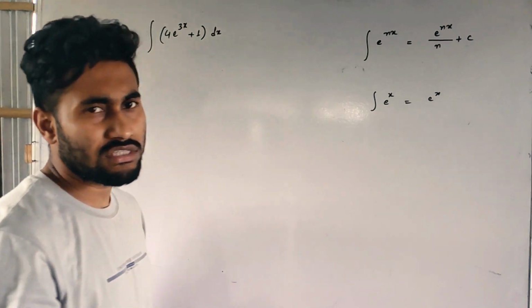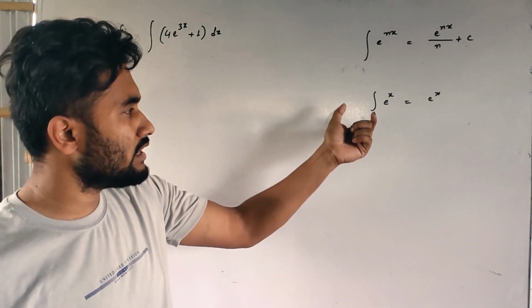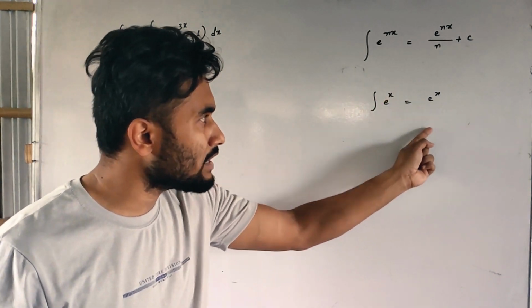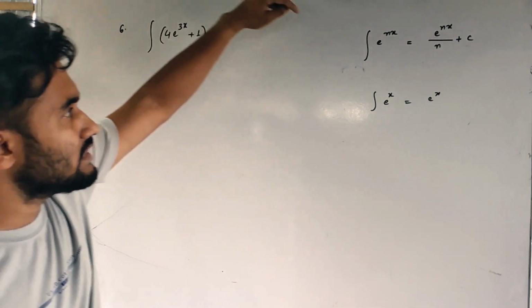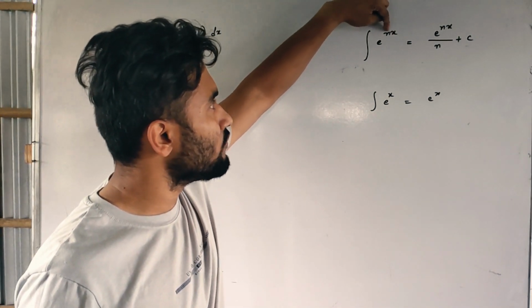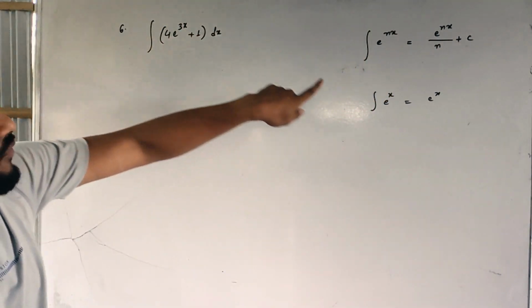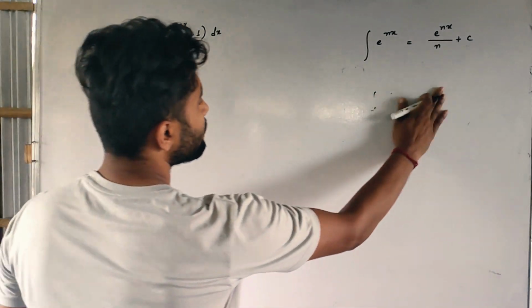No need to divide by 1 because it is already understood. In this case, since 3x is there, you have to divide by 3. That is nx. So if any coefficient is multiplied with x, you have to divide by that coefficient. But if it is 1x, then no need to divide because it is understood to be 1. So this is the formula that we will use.